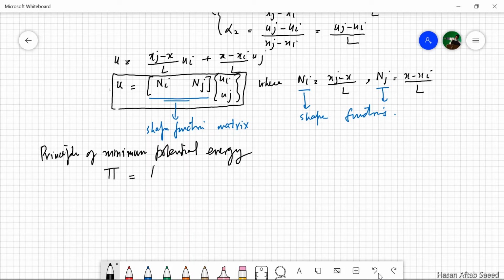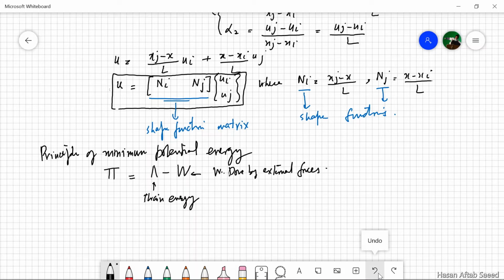Later on, we'll minimize it. This is the potential energy, this is the strain energy, and this one is the work done by external forces.